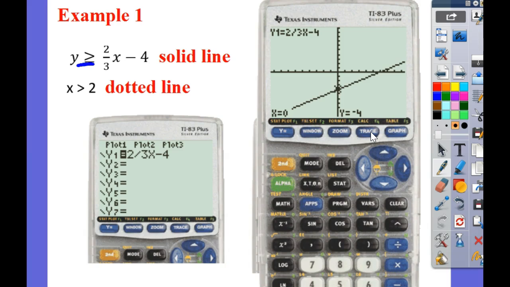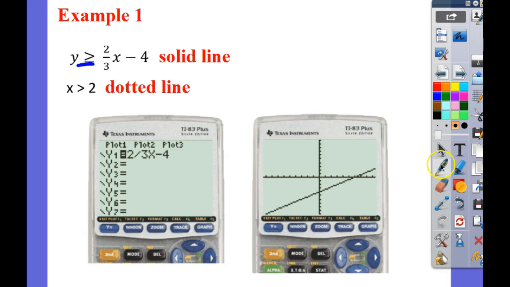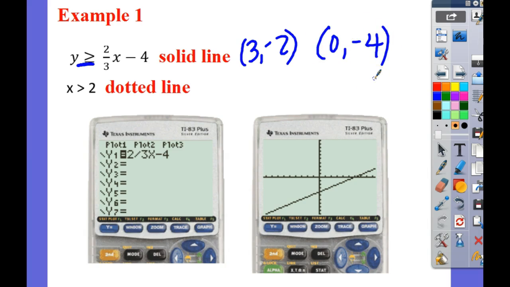If you push trace or table, you can get some exact points that are on the line. Now, would I want to use that point right there? I'm looking for some pretty points that are going to be on my line. So would that be a pretty point to use? So I could put 3, -2, and 0, -4 on my graph paper.